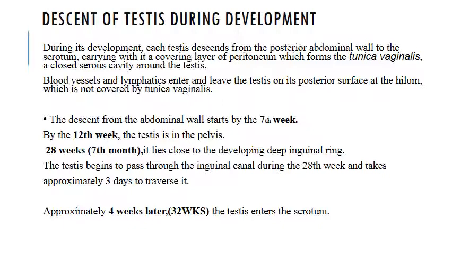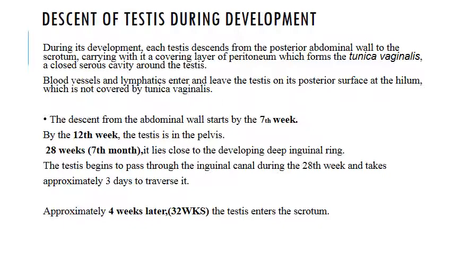By the 12th week, the testis descends into the pelvis. By the 28th week or 7th month, it lies close to the deep inguinal ring. Then after the 28th week, it takes 3 days to traverse the inguinal canal. Approximately 4 weeks later, that is 32 weeks, the testis enters the scrotum.